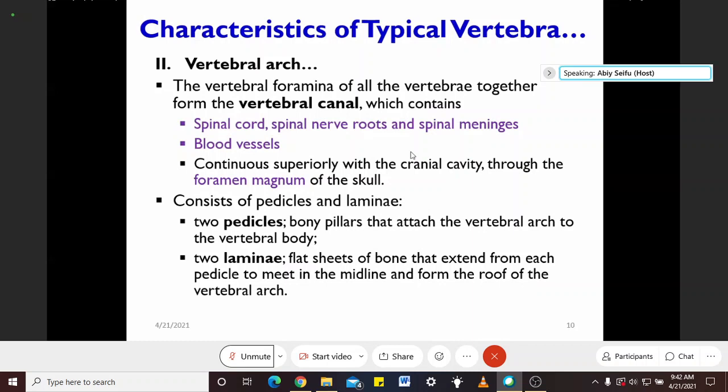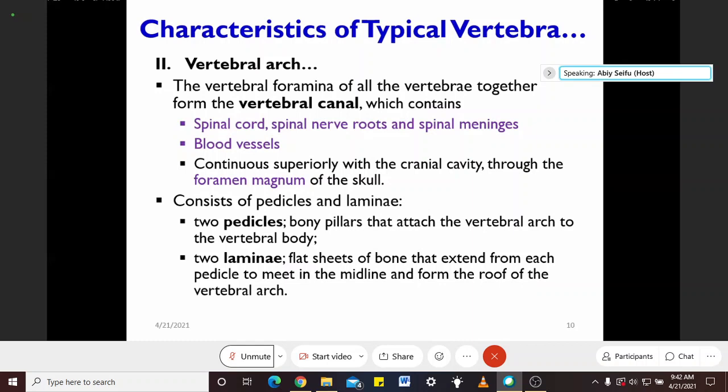There is also a membrane that surrounds the spinal cord, which is the meninges. The meninges are also found within the vertebral canal. In addition, there are neurovascular structures which supply the spinal cord and the meninges, also found within the vertebral canal.